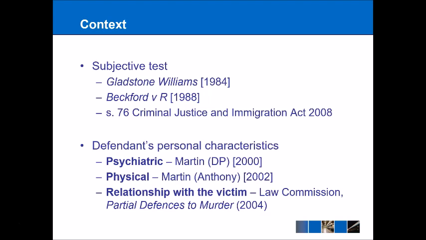So if it was a particularly close relationship with the victim that the defendant had, then that person is going to know more about the circumstances than someone who's just met a random masked person who's entered their house. So a few things that we can look at when looking at the defendant, but as we said, this is ultimately a subjective test, and the important question is, what did the defendant believe the circumstances to be?